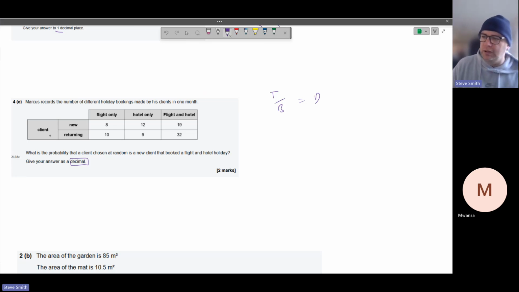So a new client, so we're looking along this line here, new clients that booked a flight and a holiday, this one here. So we're going to go along, and we can see it's 19 news. And we now need to find out, that's our numerator, that's how many it is. And then we need to add all these numbers up to figure out how many it's out of.